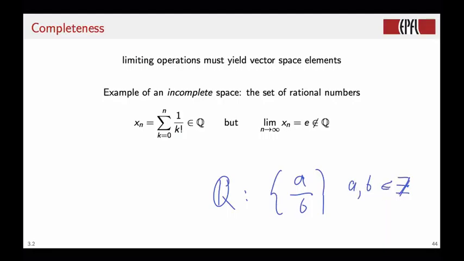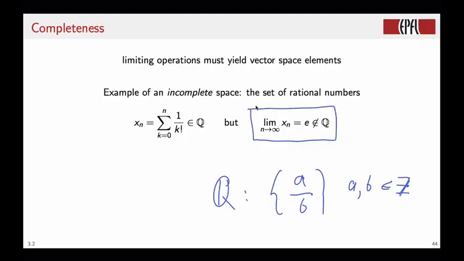But it is incomplete because you can write, for example, limiting operations. Let's say x_n is a sum from k equals 0 to n of 1 over k factorial. Each term x_n is a rational number because it's a sum of 1 over an integer. K factorial is an integer, so 1 over k factorial is therefore a rational. And so each vector is a rational, but the limit of this sum as n goes to infinity is equal to e, which is an irrational number.